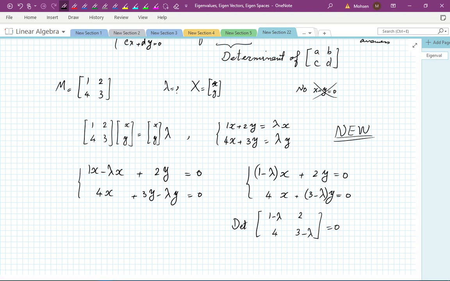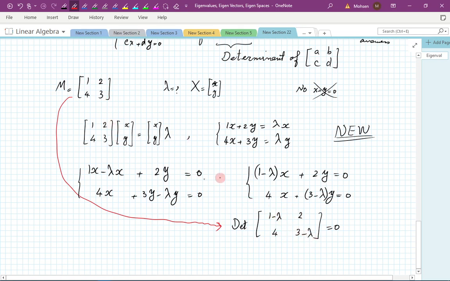Okay, I hope everybody followed the reasoning. That's why you are in this class, to follow the reasoning. But if you want a shortcut, something on the exam, you want to move quickly. How do you quickly come here? It's very easy. You have your matrix 1, 2, 4, 3. Lambda is subtracted from the diagonal entries.